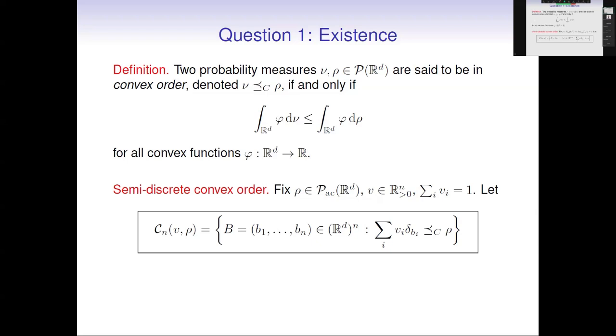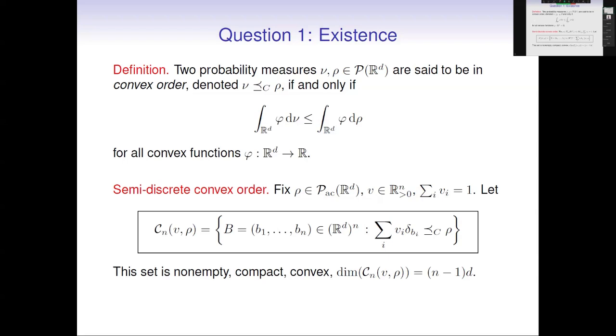Obviously, being in convex order gives you a lot of restrictions. For example, the support of nu has to be in the convex hull of the support of rho. By choosing suitable test functions phi, you can prove this set is non-empty, compact, and, crucially, convex.